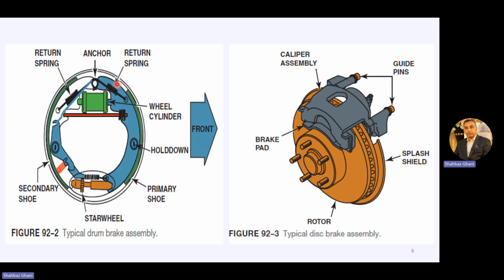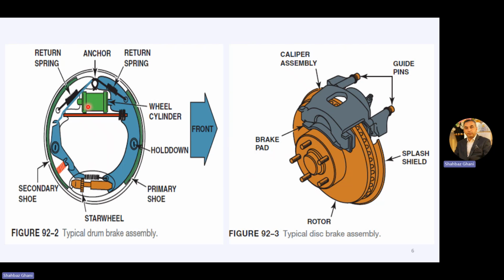Now let's see in detail. I have here the typical drum brake assembly. If this is the vehicle front here, so this green is your primary shoe and this green is your lining. Okay, and this blue portion is the metallic portion on which your lining is stuck.